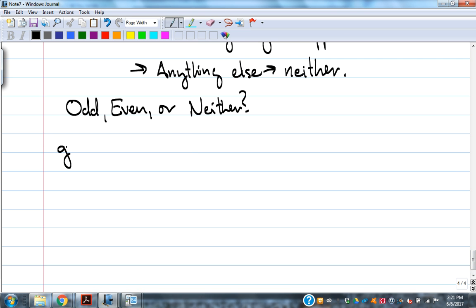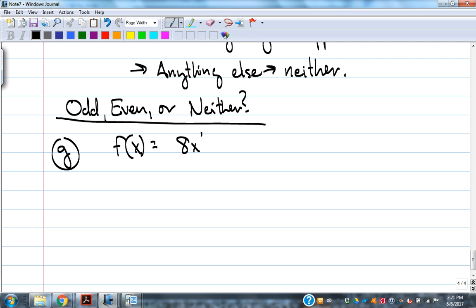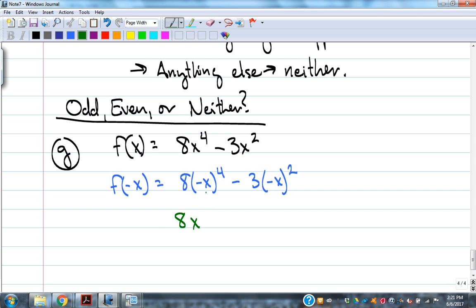Example G. Here's our function. f of x is equal to 8x to the fourth minus 3x squared. If I plug in negative x, any negative number to an even power turns back positive.